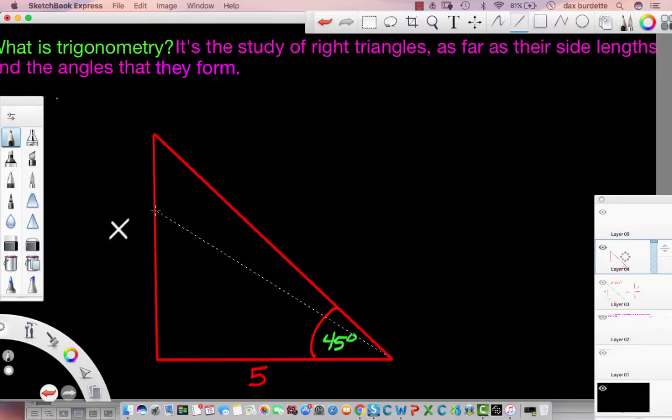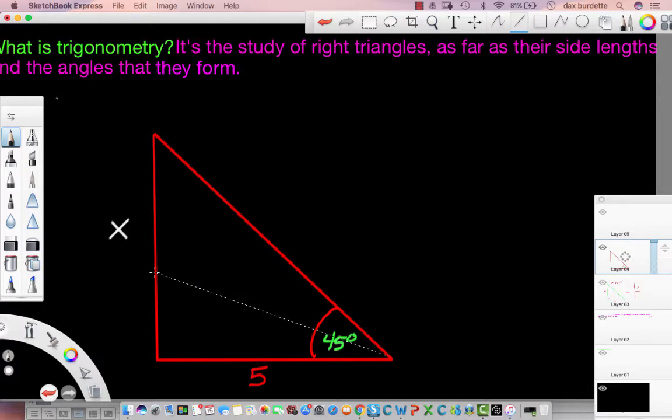But what also changes? That's right. That angle measure that was once 45 degrees is going to be smaller than 45 degrees. So if I bring down the height some more, I'm going to bring down the angle measure some more.